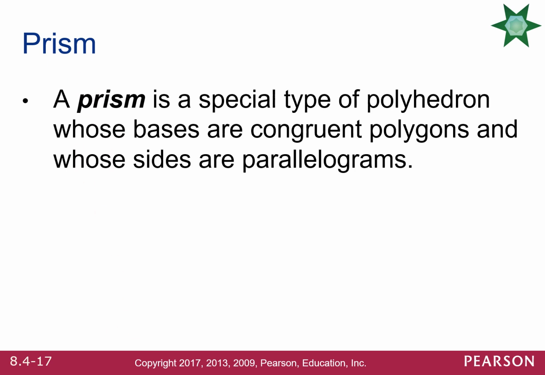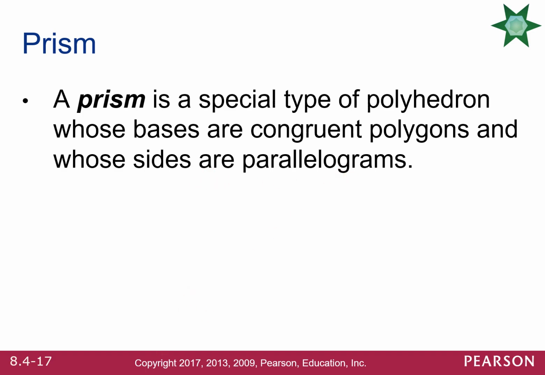Now let's discuss one polyhedron figure which is known as a prism. All right, so a prism is a special type of polyhedron whose bases are congruent polygons and whose sides are parallelograms. Congruent means that the polygons at the base have equal sides, and the sides are, however, parallelograms.